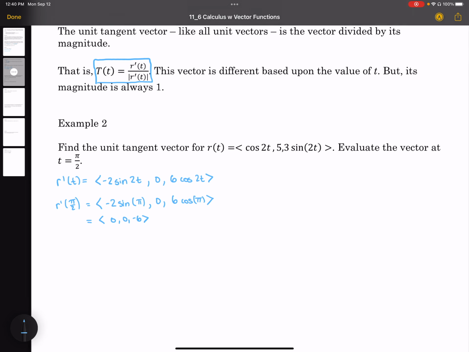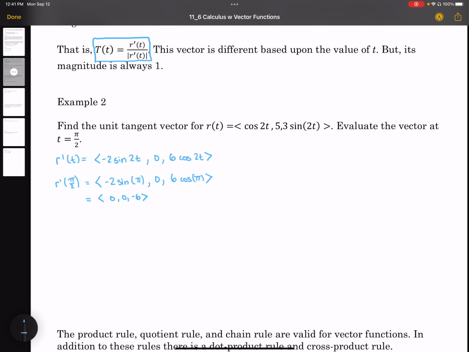Now, if we find our unit tangent vector, all right, we already have our derivative. So now we need the magnitude of the tangent vector. We need the magnitude of r prime.